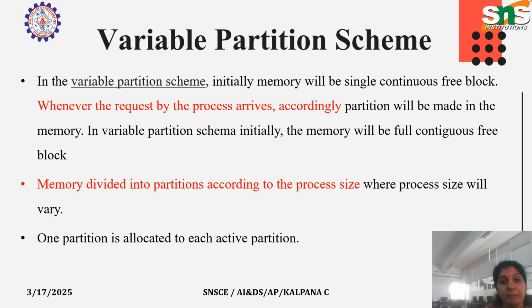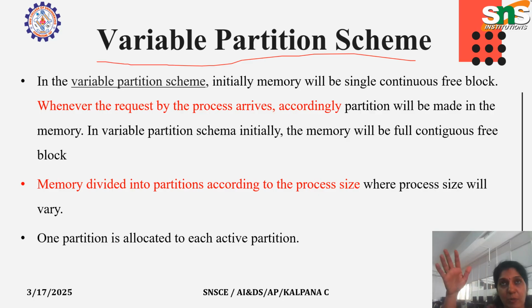So next, to overcome the disadvantages of the fixed size partition scheme, the next scheme is the variable partition scheme. As the name suggests, we are not going to have any kind of fixed or static blocks. Based on the process, the memory will be allocated.